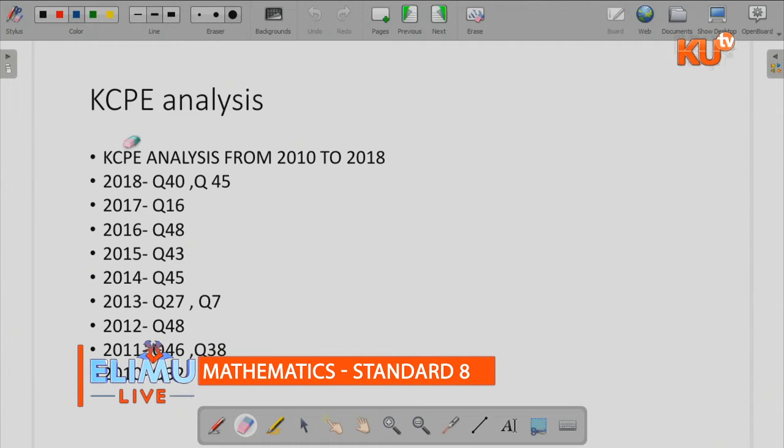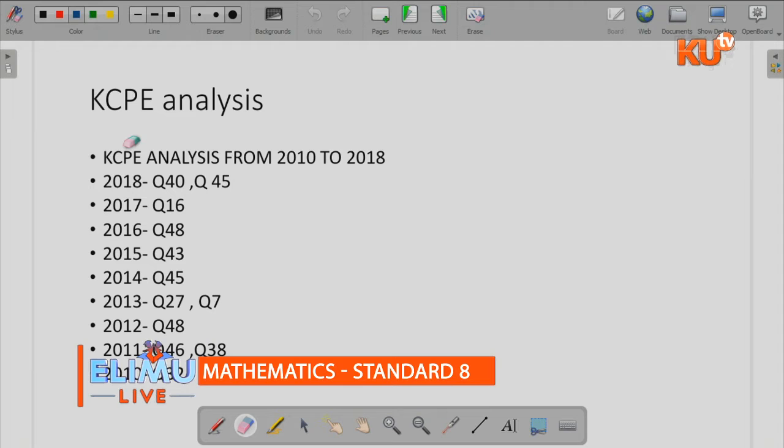Then I want us to check the previous KCPE analysis concerning area of combined shapes, area of varied shapes, and area of borders. I did the analysis from 2010 to 2018. We can see each year there is a question which was brought concerning area of borders.